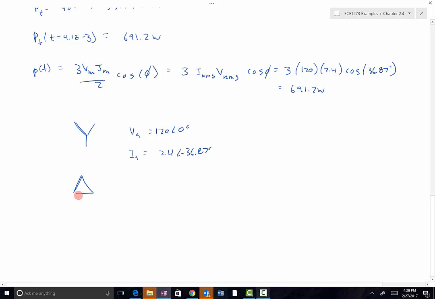It's a delta connected load, and then we would have used VAB is equal to 208 at angle 30 degrees, and IAB is equal to 1.39 at negative 6.87. The point is that for the source we had to use the phase voltage and the phase current, and for the load we have to use the phase voltage and the phase current, and they're different because of a delta in a load. We could run through the experiment or the example with either of those values though. We'd come up with the same numbers.